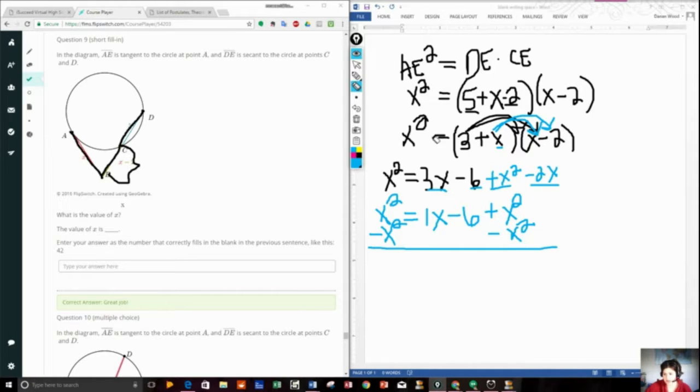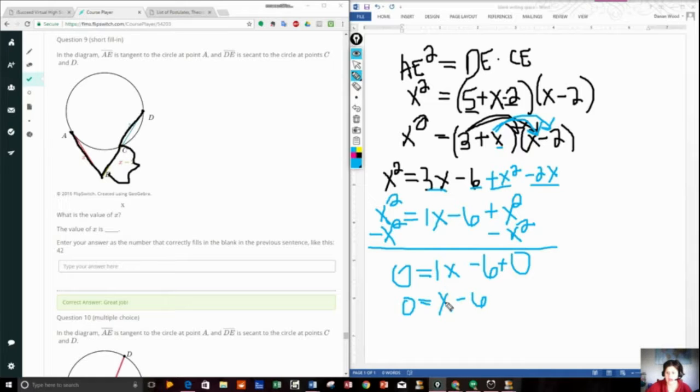x squared minus x squared is 0. We still have our minus 6, and we still have 1x. That's going to equal x squared minus x squared is 0, so we have 0 equals x minus 6. Okay, so we have x minus 6.